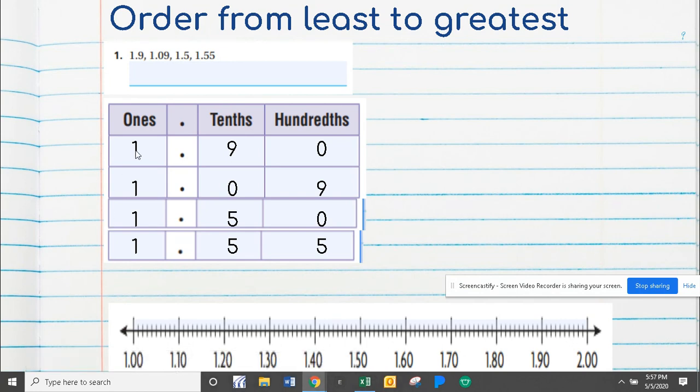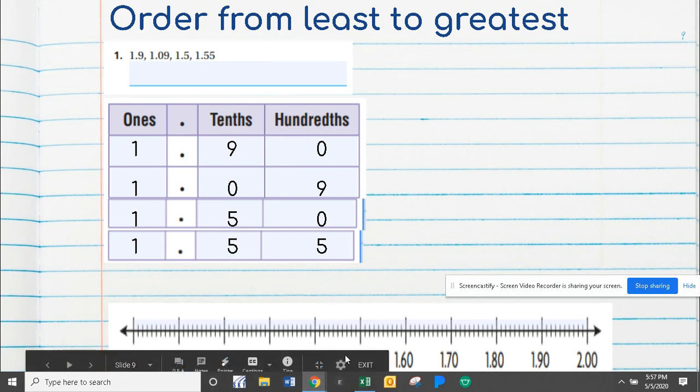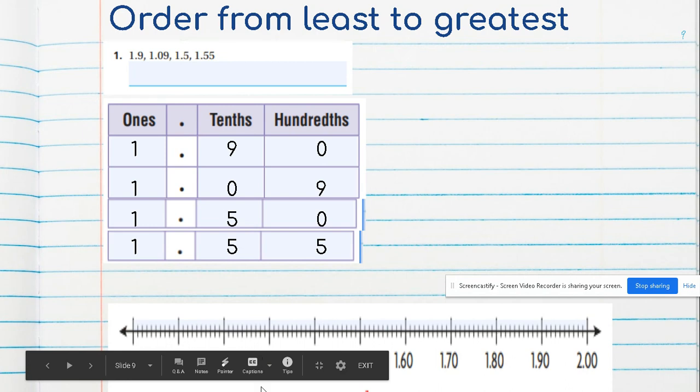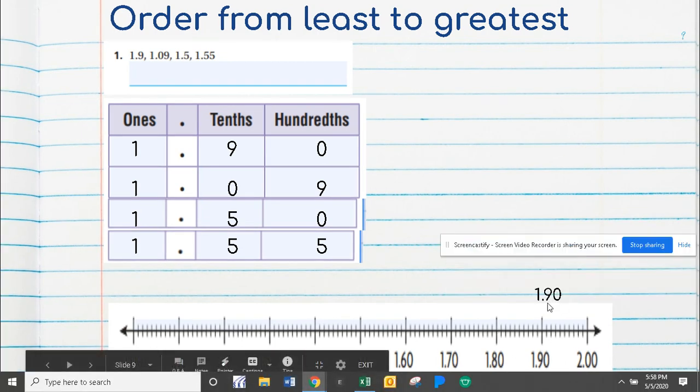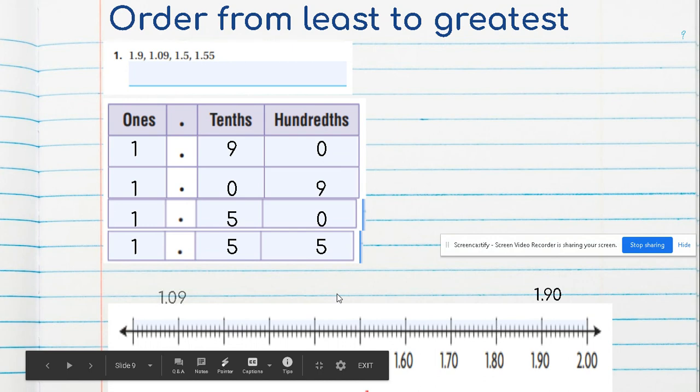So let's start with the first number, $1.90. If I check my number line, I can see that $1.90 is right here on this side. Let's check $1.09. It's on this side. I'm sorry you can't see my number line, but I promise it's there.